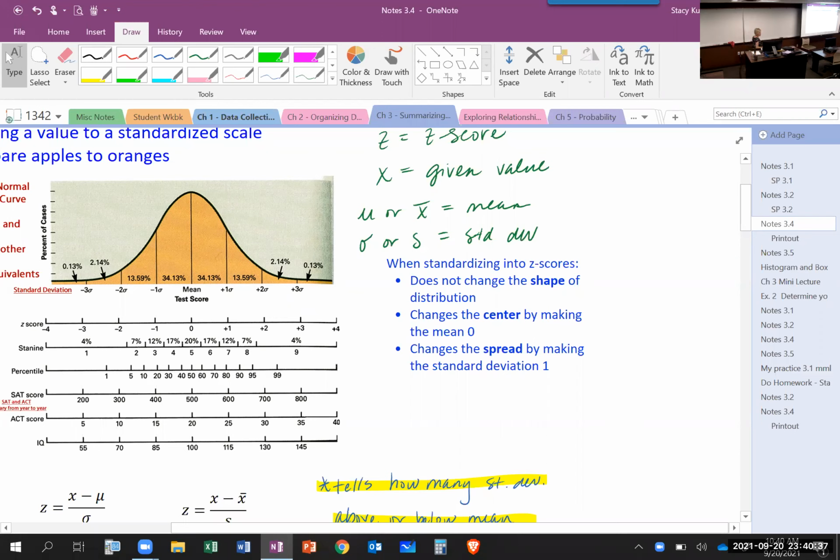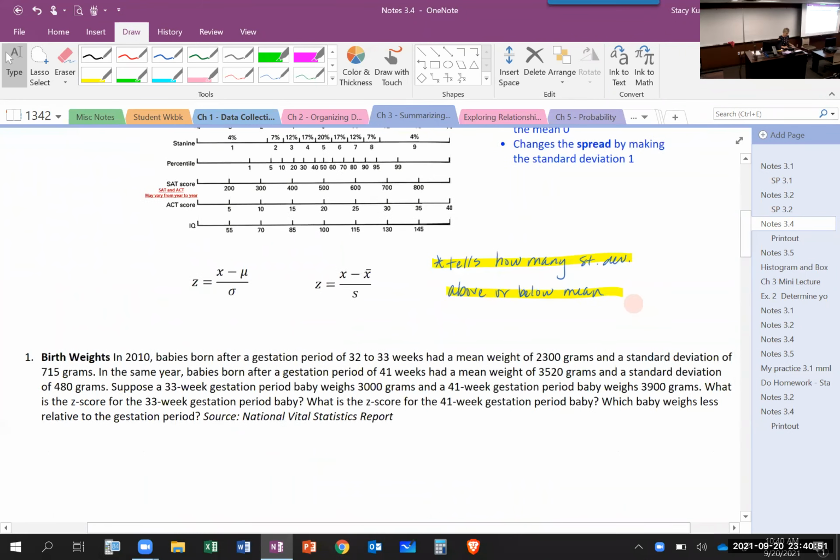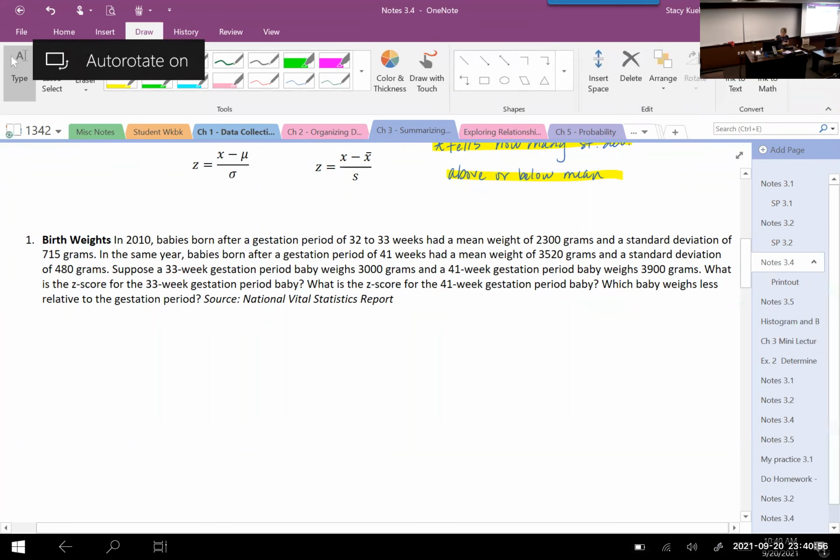So we're going to work an example, and I gave you this example on your paper there. So you have a copy of it as well. Birth weights, okay? So we're going to look at this one and we're going to talk about birth weights. In 2010, babies born after a gestation period of 32 to 33 weeks had a mean weight of 2,300 grams and a standard deviation of 715.